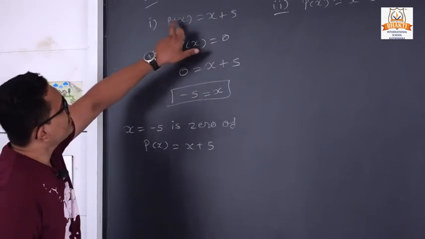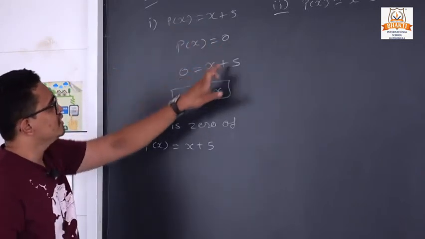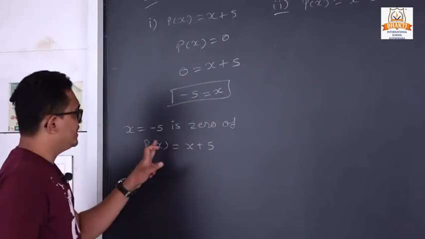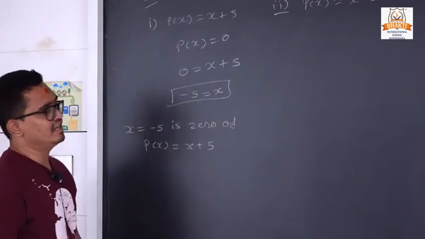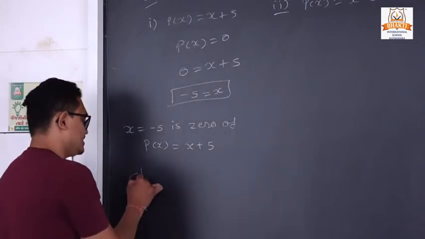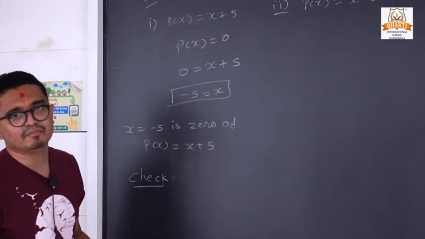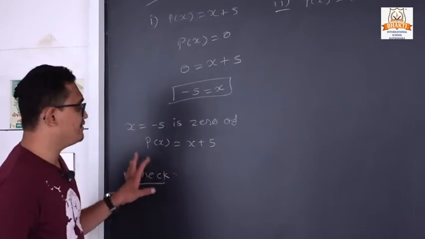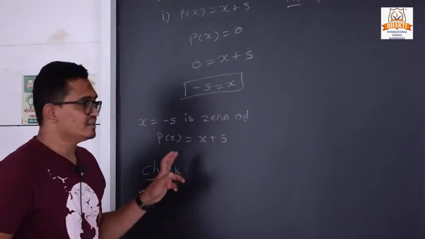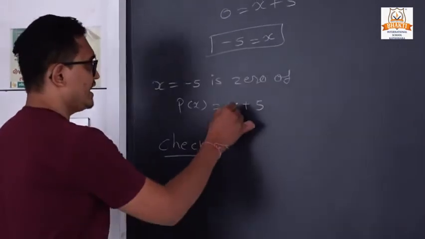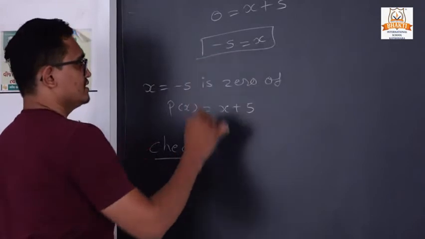Once again we can repeat that. First of all, p of x we will put 0. So we will find x is equal to minus 5. So it is a zero of that polynomial. Checking is not necessary, but we can verify that answer, whether it is a zero of our polynomial or not. So here x is replaced with minus 5.